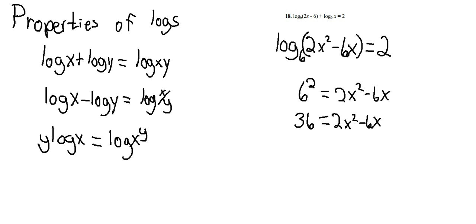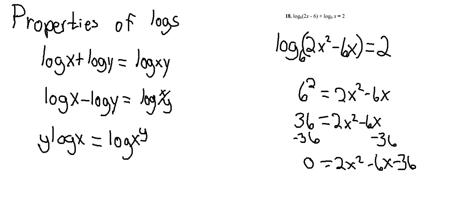Okay, there's a number of things you can do here. This is just a quadratic. So we get 0 equals 2x squared minus 6x minus 36.